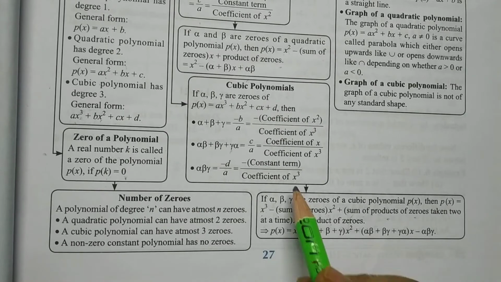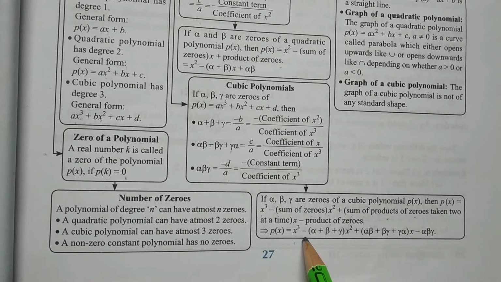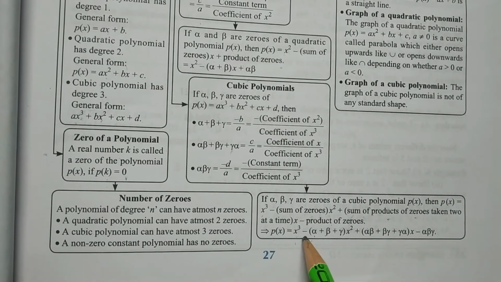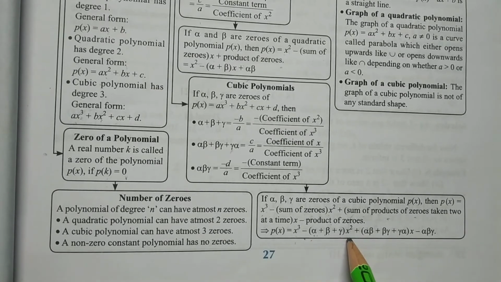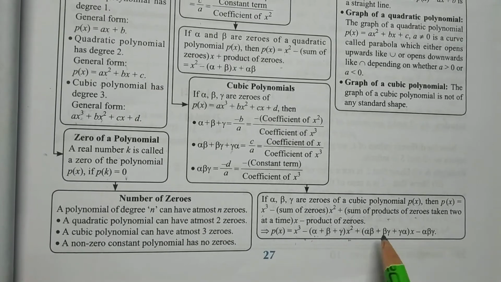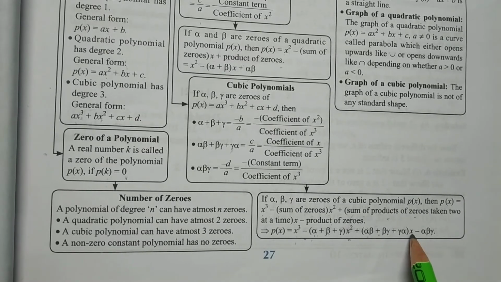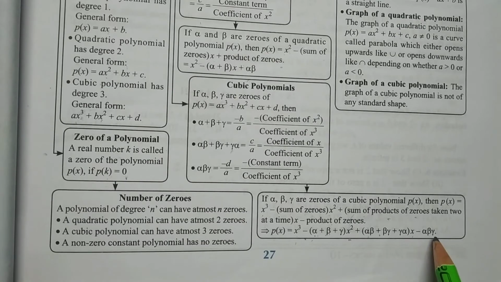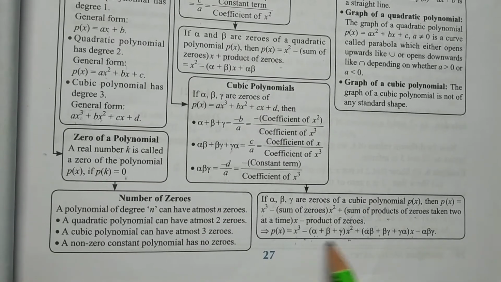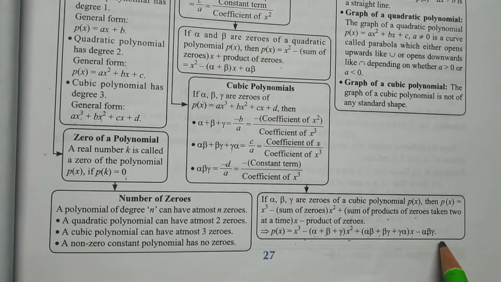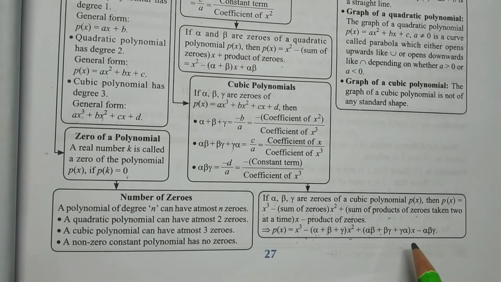Means p(x) is equal to x cube minus (alpha plus beta plus gamma) into x square, plus (alpha into beta plus beta into gamma plus gamma into alpha) into x, minus alpha into beta into gamma. This way, if we know the sum of zeros, the sum of product of zeros taken two at a time, and the product of zeros, then we can easily write the cubic polynomial.